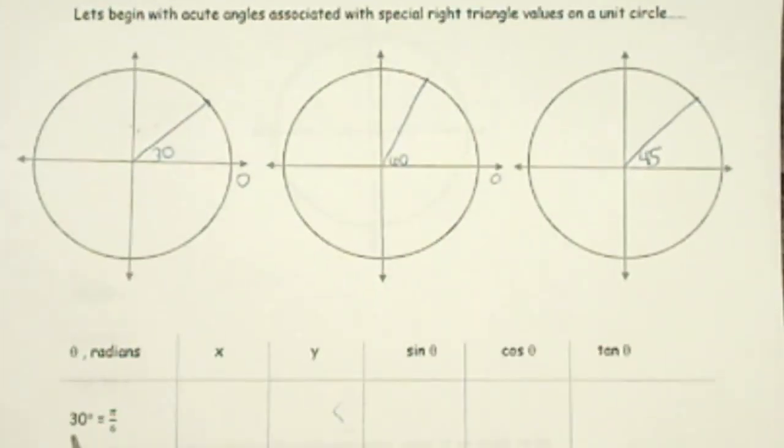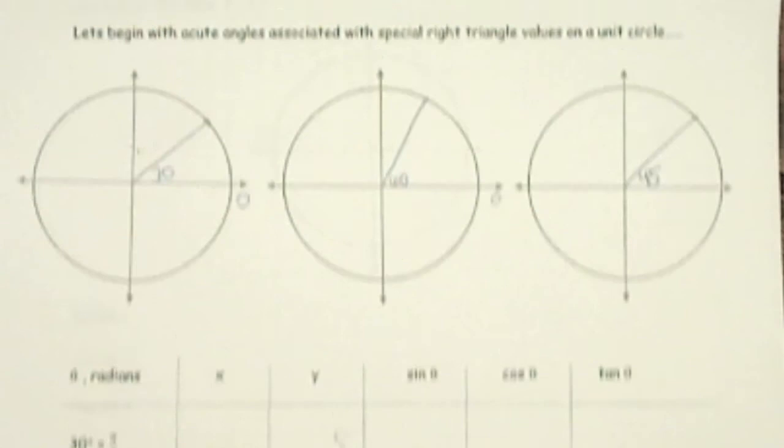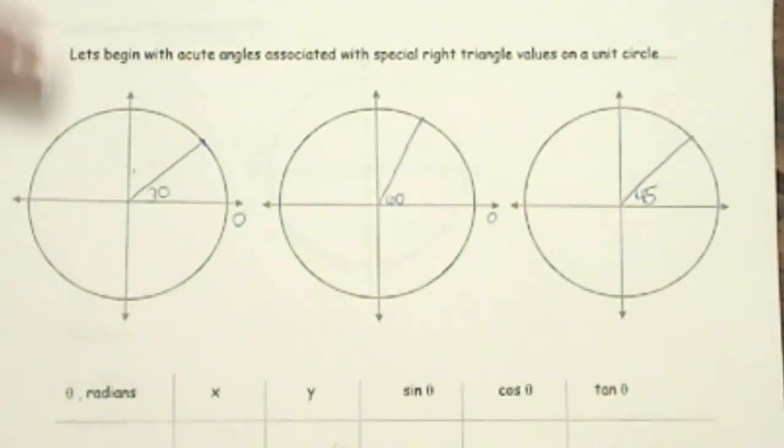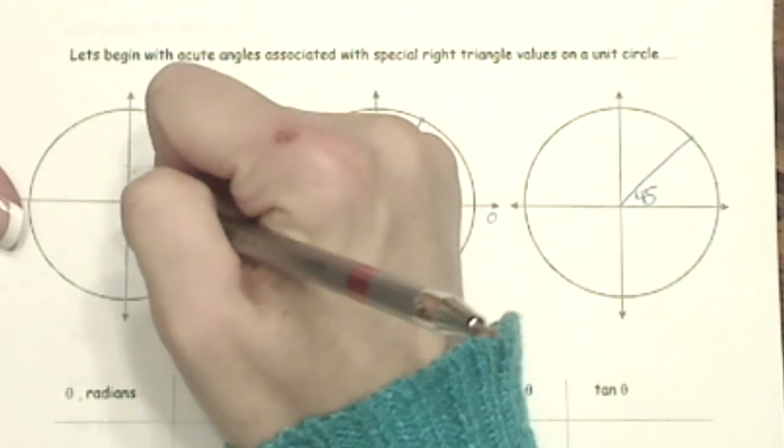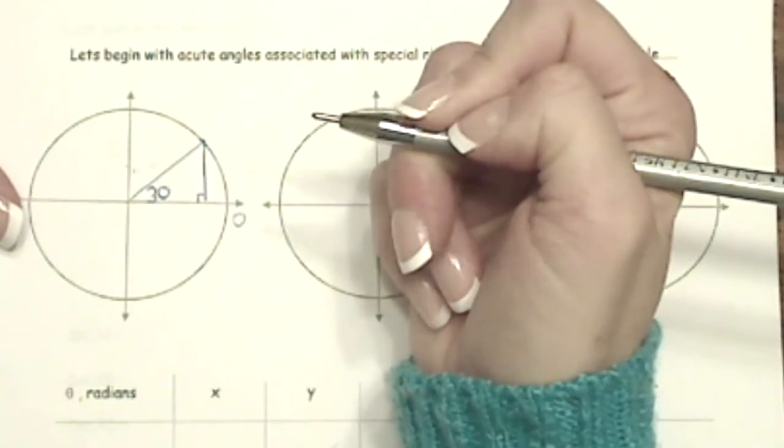For 30 degrees, which is pi over 6 radians, we're going to look at the x and y coordinates for the reference triangle created. If I take that 30 degree angle, I drop an altitude and turn it into a 30, 60, 90 triangle.